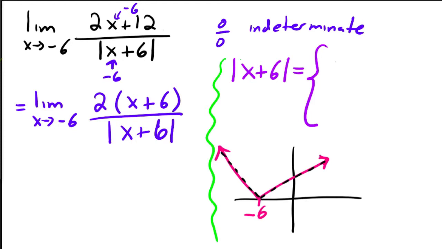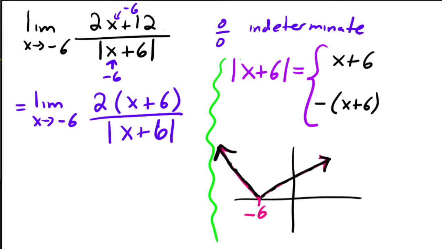It is equal to x plus 6, which is this line right here, and then it's equal to negative x plus 6, that's this line right here.